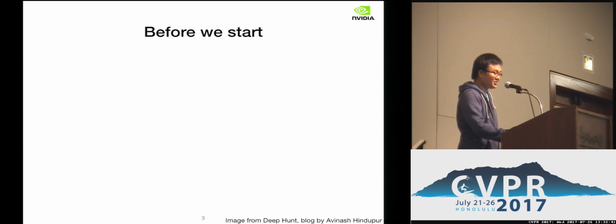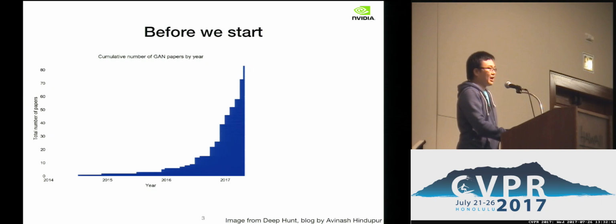Just before we really get started, I want to mention that GAN is crazy. This figure shows the number of papers published about GAN. In 2014, Ian Goodfellow published the first paper, and in 2017 we have seen more than 80 papers, and the growth is more like exponential.